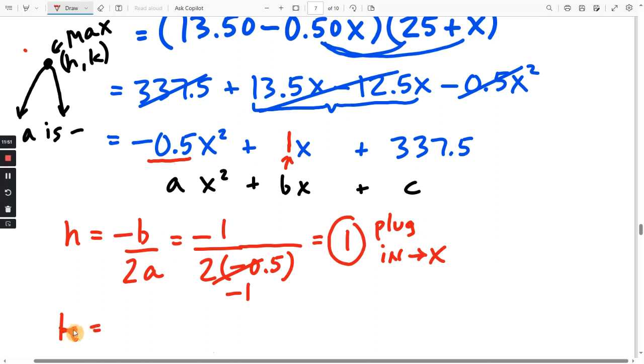All right, so for the value of k, we're just plugging in the 1. It's basically f of 1. So it's negative 0.5 times 1 squared. You could probably do this part in your head because it's all ones. And then it's plus 1, and that's plus 337.5.